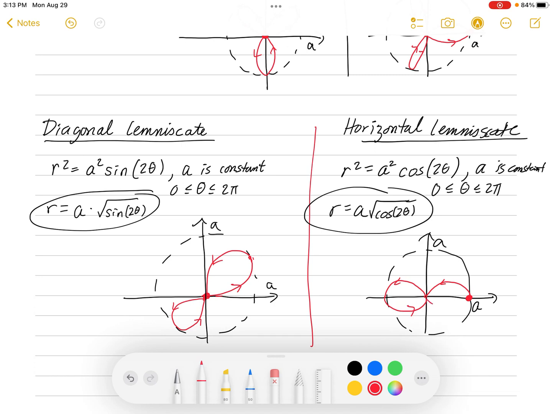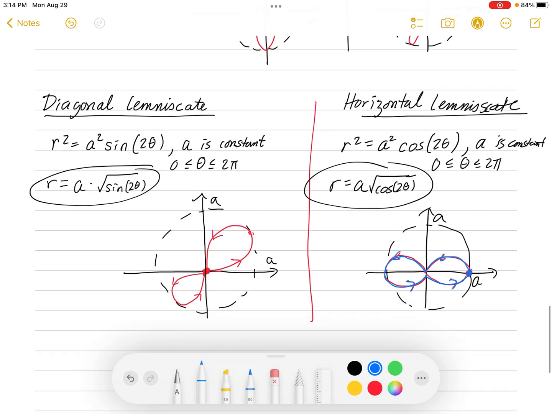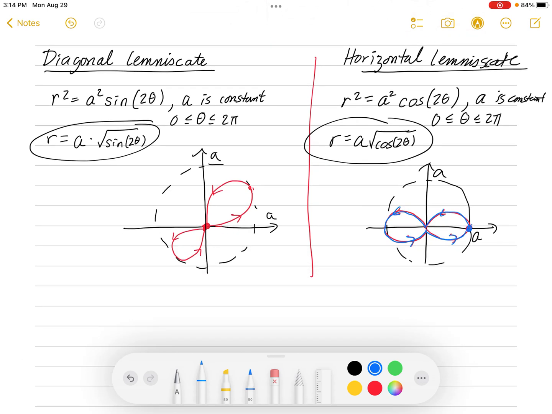And then once I'm back to the origin, I'm going to go and finish the bottom half of that first loop I started. So again, that's starting here and then going boom, boom, boom. That's a cosine lemniscate.